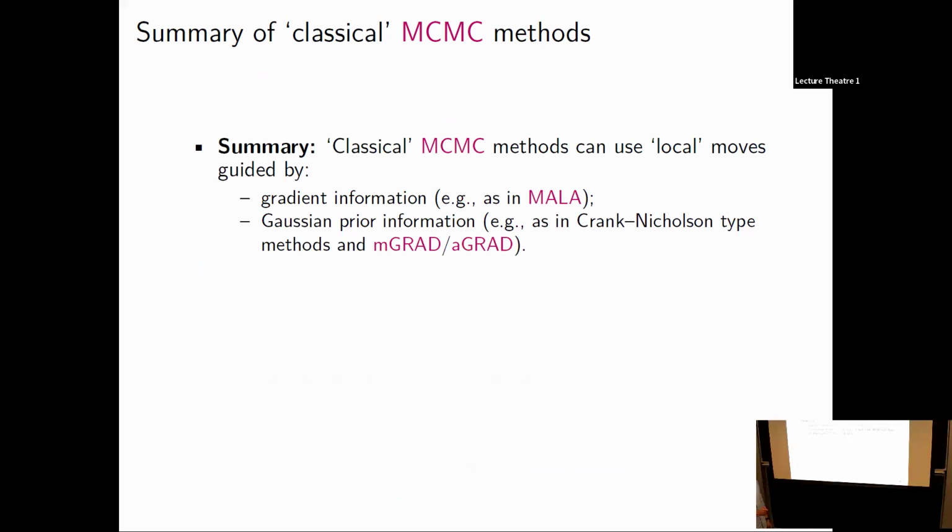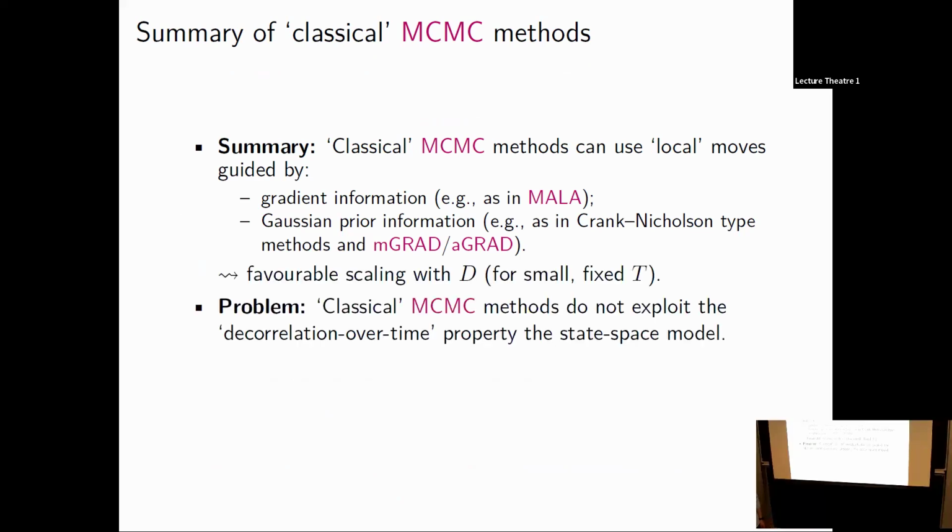These methods work really well, and they can use gradient information, Gaussian prior information and local moves. But the problem is that they are agnostic to the state space model structure, to the decorrelation over time property of my target distribution. And therefore, they don't scale as well with the time horizon T as they could.